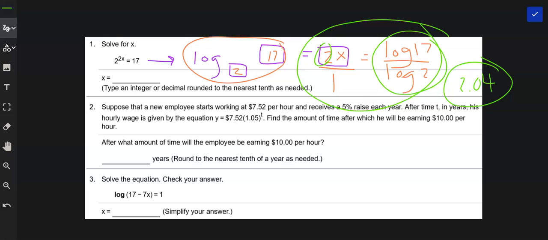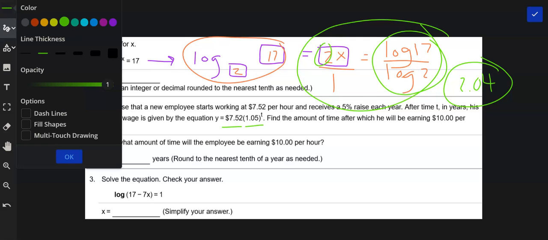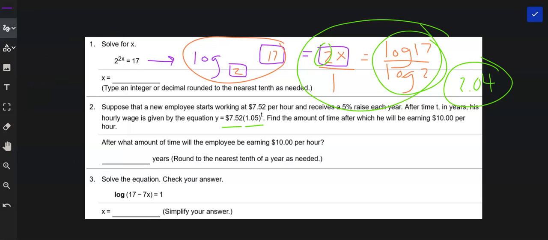Suppose that a new employee starts working. They've given me $752 as the starting amount. We're increasing by 5%. So we know that would be 10 equals 7.52 times 1.05 to the t power.